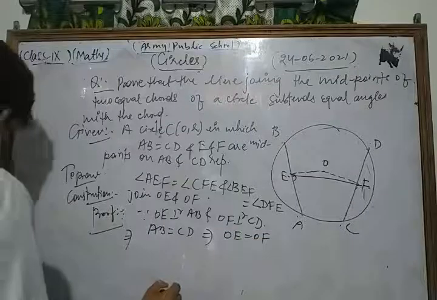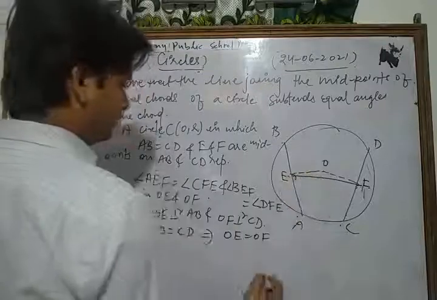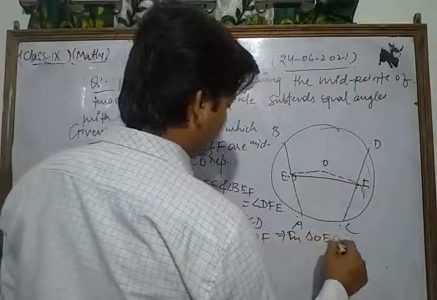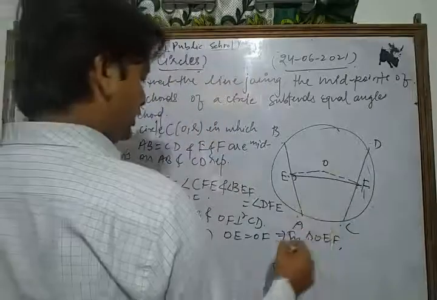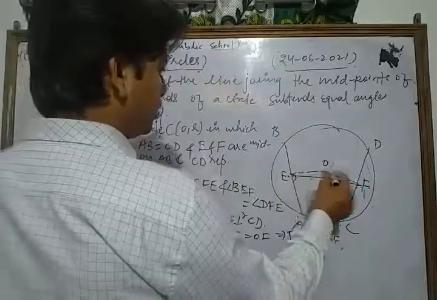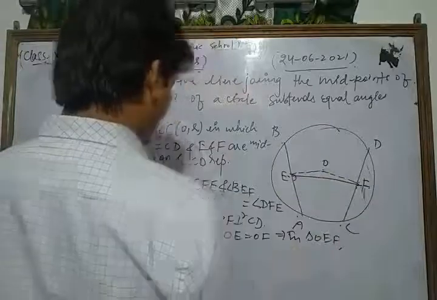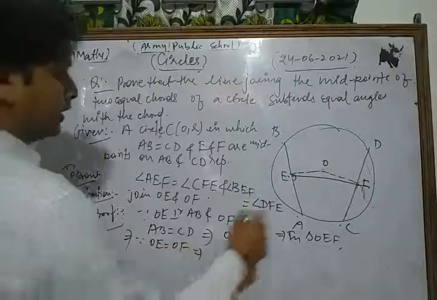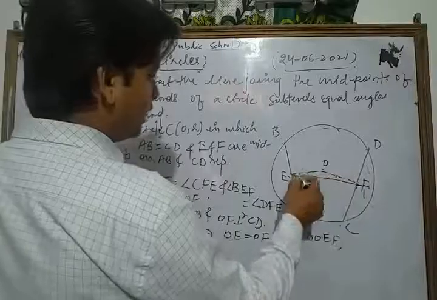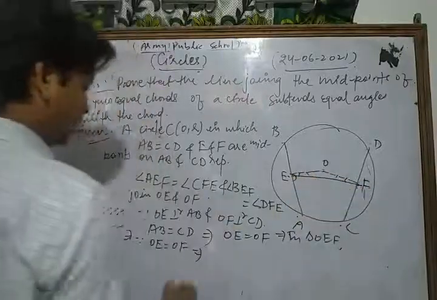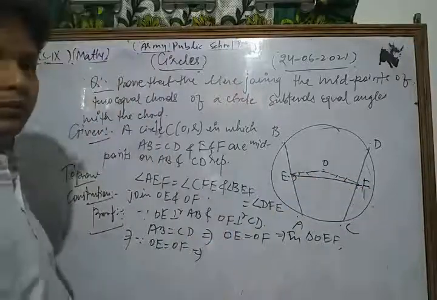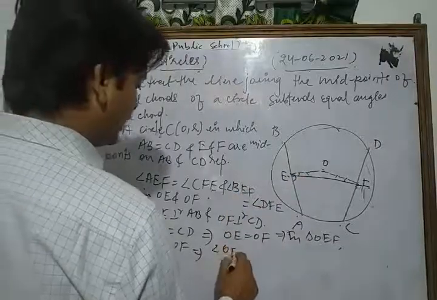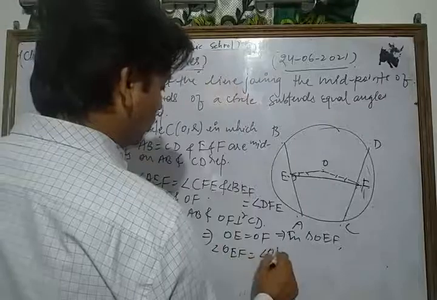Okay, now in triangle OEF, look, OE is equal to OF. Since OE is equal to OF, the angles opposite to the equal sides are equal, that is angle OEF is the same as angle OFE.